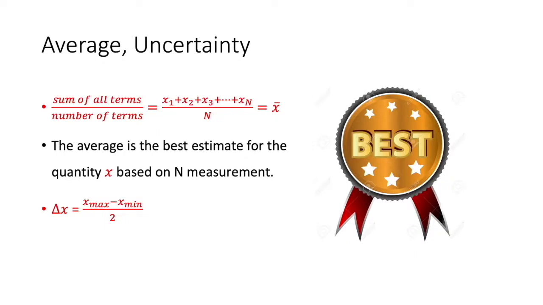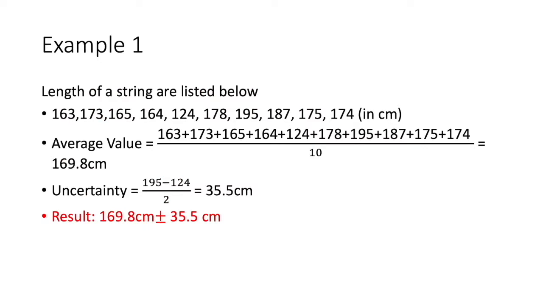So now let's take a look at how to calculate average value and uncertainty. Average value is also known as mean value and is equal to the sum of all terms divided by the number of terms. And uncertainty is equal to the maximum value minus the minimum value, divided by 2. Let's take a look at an example.